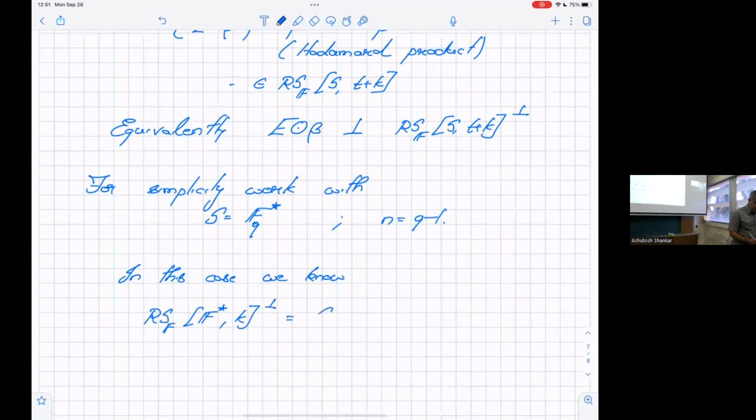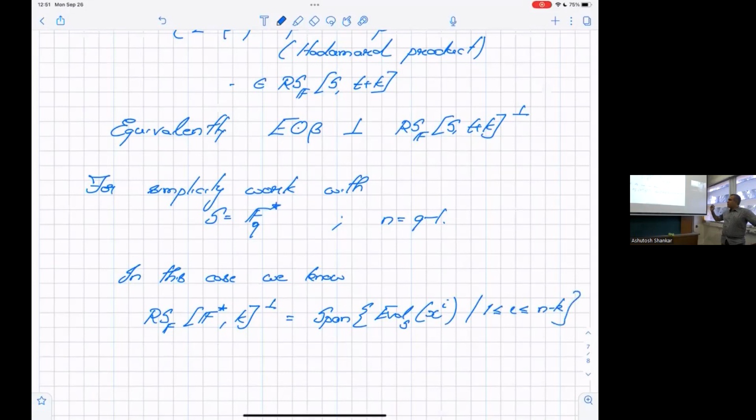What is a dual? It's a span of the evaluation of all x to the power I, for 1 less than or equal to I less than or equal to n minus.